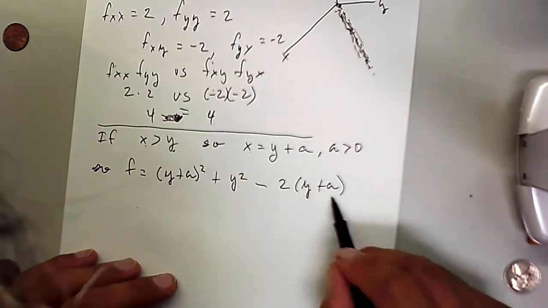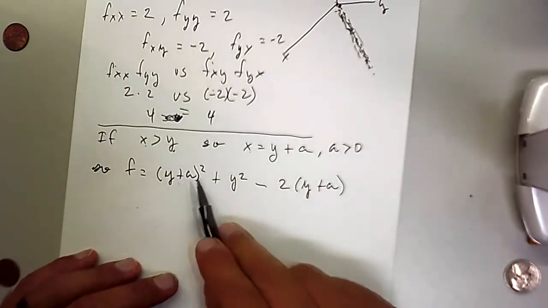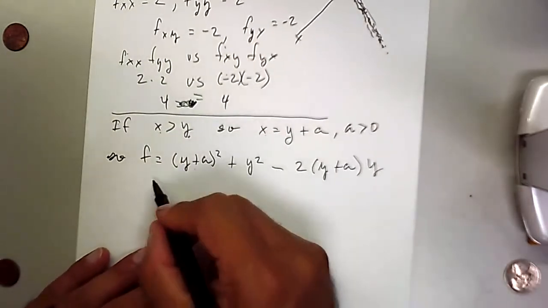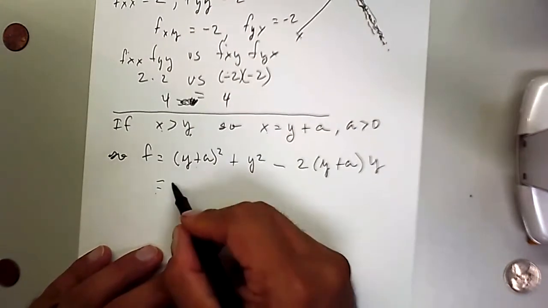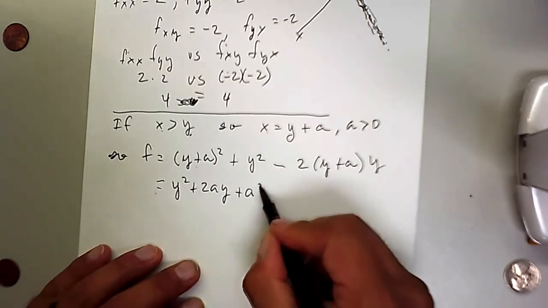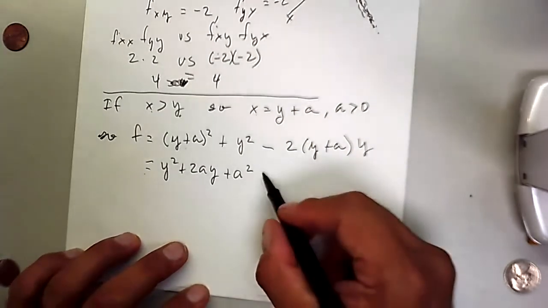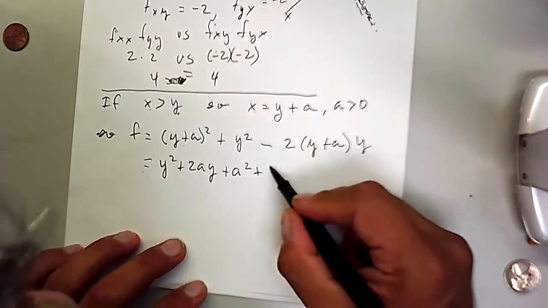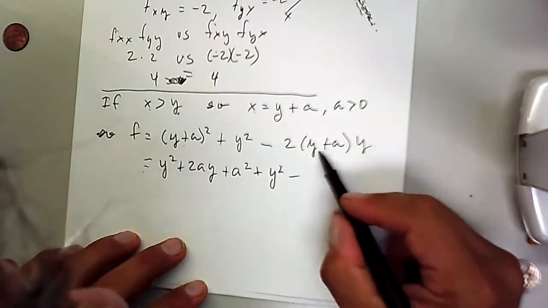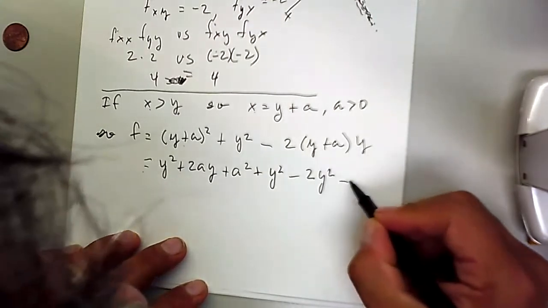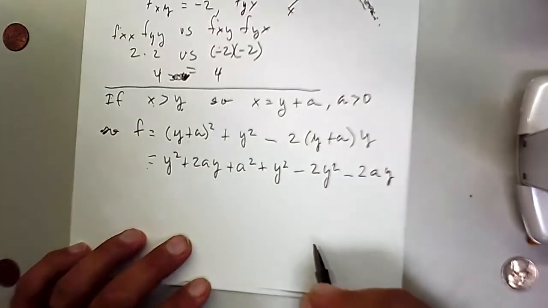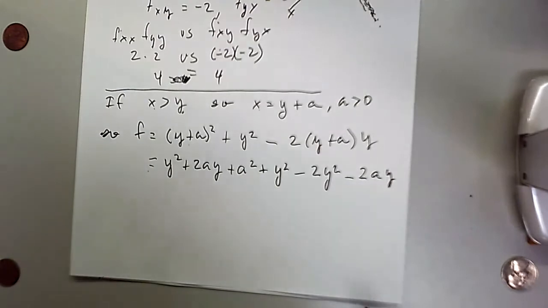That is x squared plus y squared minus 2xy. Okay, let's do some algebra. So that is y squared plus 2ay plus a squared. If you cannot fold that out, shame on you. No, I'm joking. If you forget, that happens to all of us. Plus y squared minus 2y squared minus 2ay. I just want to see what's going on with this.